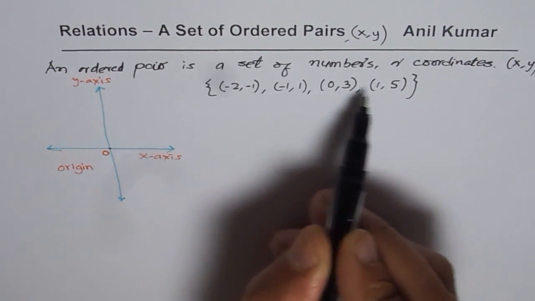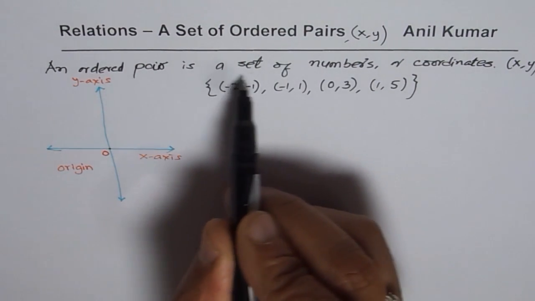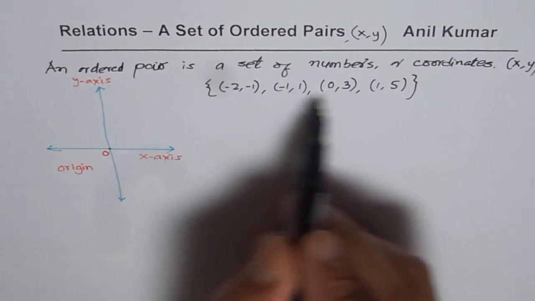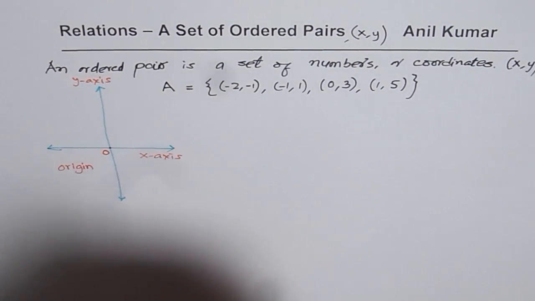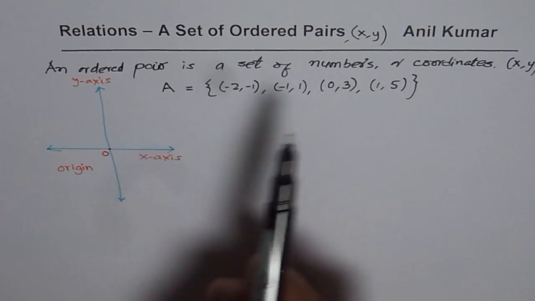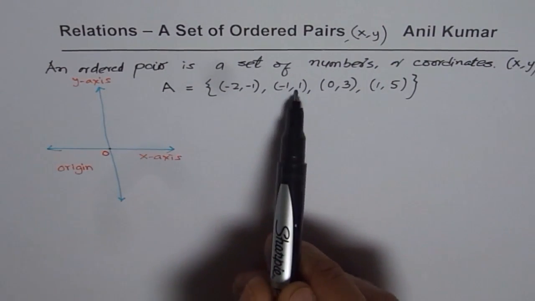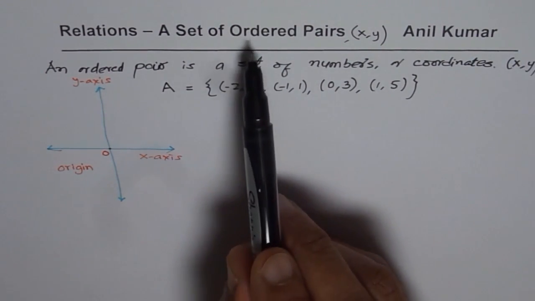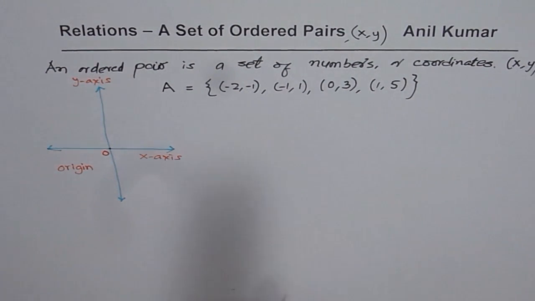So these are all ordered pairs, and a group of these ordered pairs becomes a set, a set of ordered pairs. Let me call this set of ordered pairs A. So A is a set in which we have 1, 2, 3, 4 points, each represented by the ordered pairs -2, -1, -1, 1, 0, 3 and 1, 5.